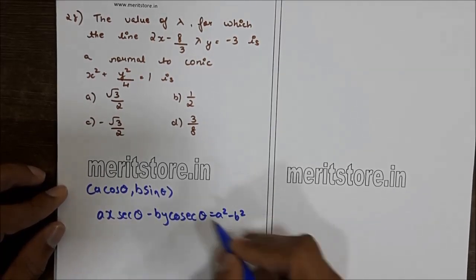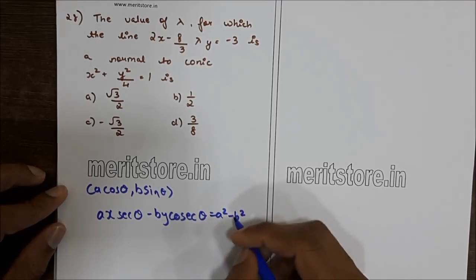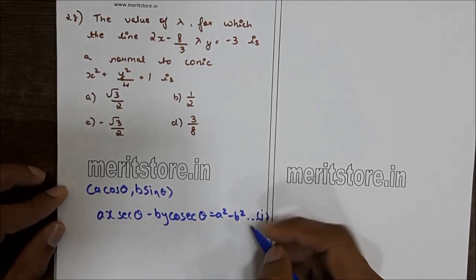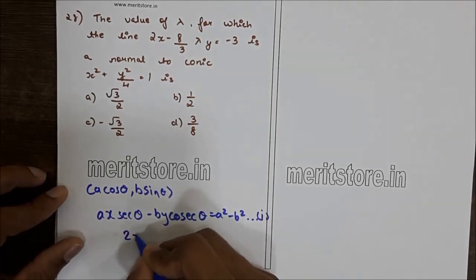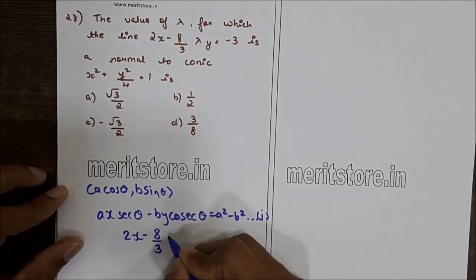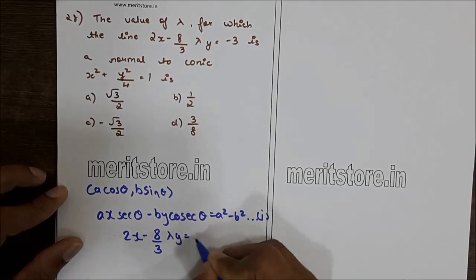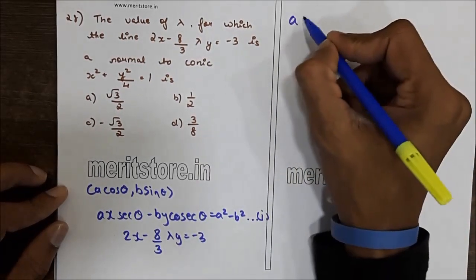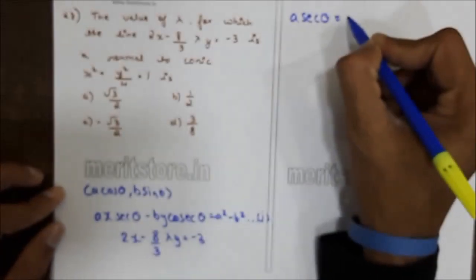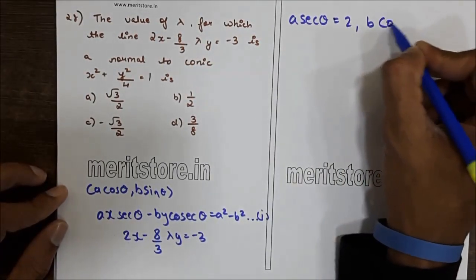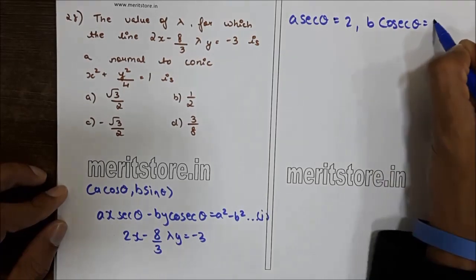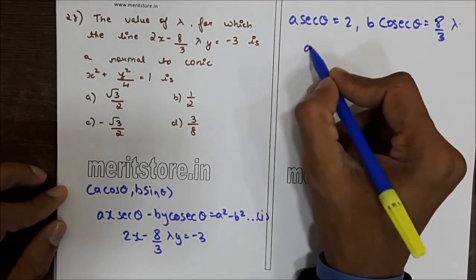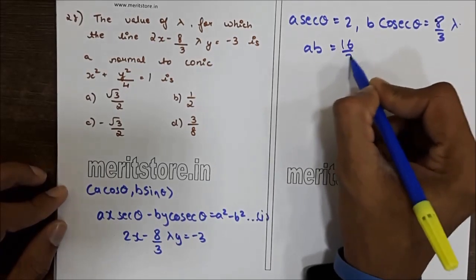So if we take this as equation 1, comparing equation 1 with 2x minus 8 by 3 lambda y equal to minus 3, which is given, we get a sec theta equal to 2, b cosec theta equal to 8 by 3 lambda, or we can say ab is equal to 16 by 3 lambda.